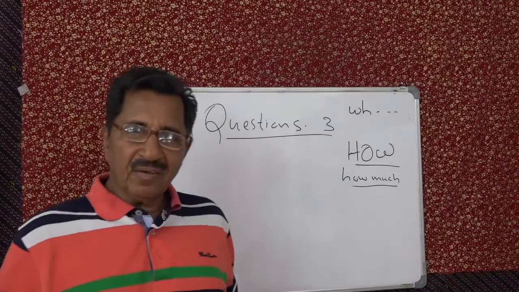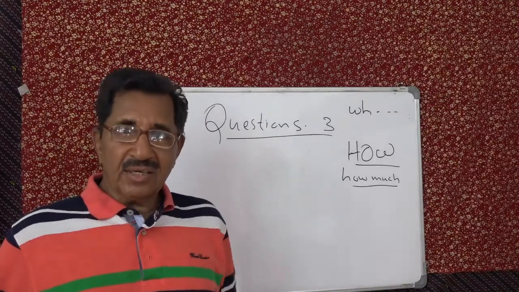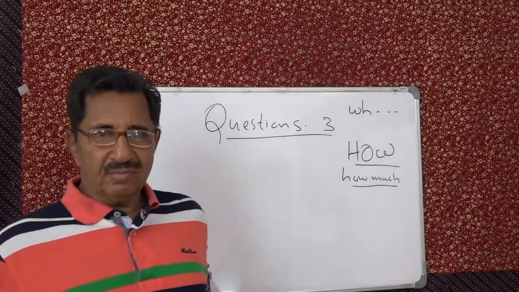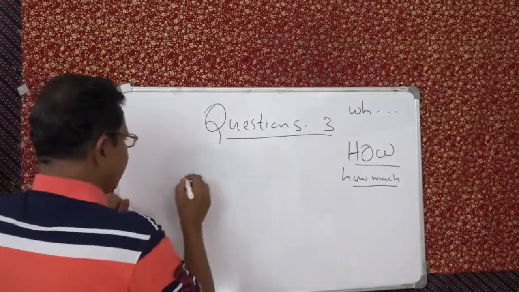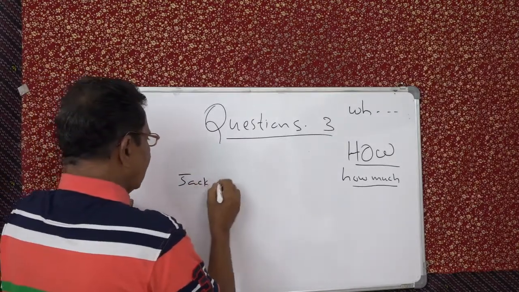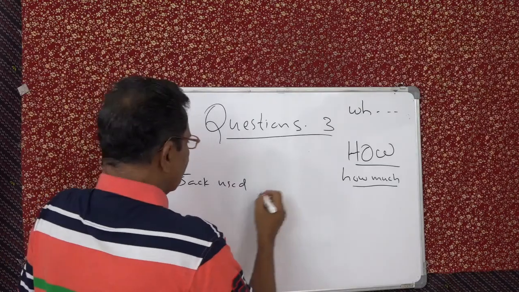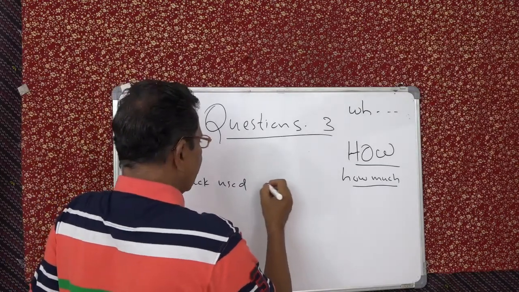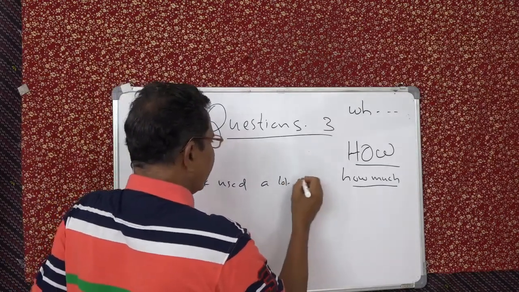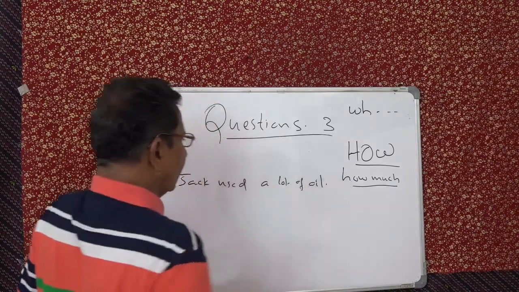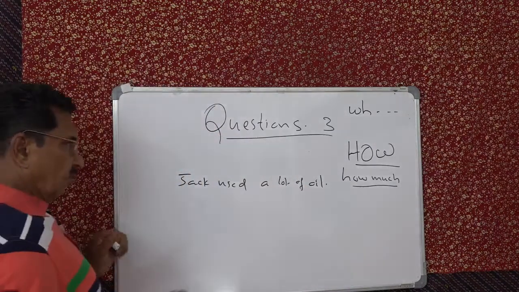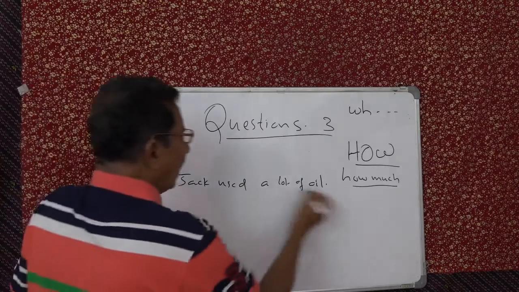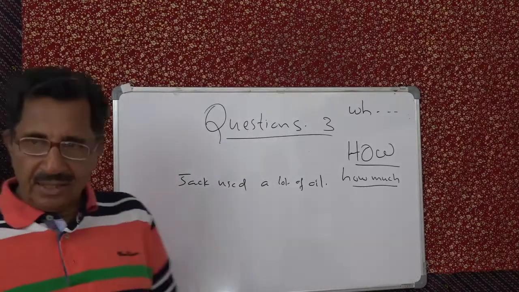What is the question? How much oil did Jack use? See that Jack used a lot of oil. Let's say like this, and you want to know the quantity. So this is uncountable. You have seen countable and uncountable.